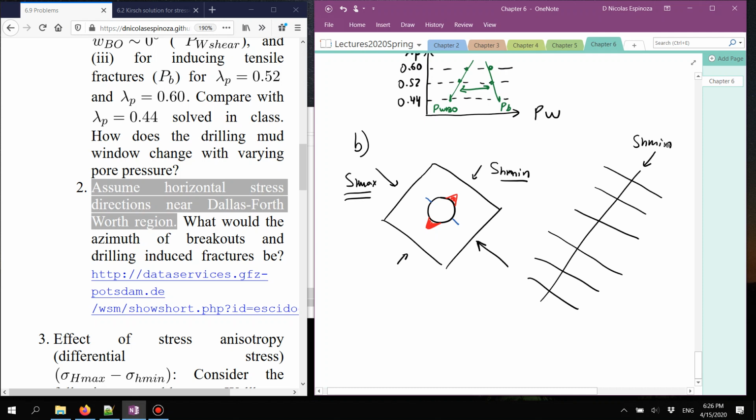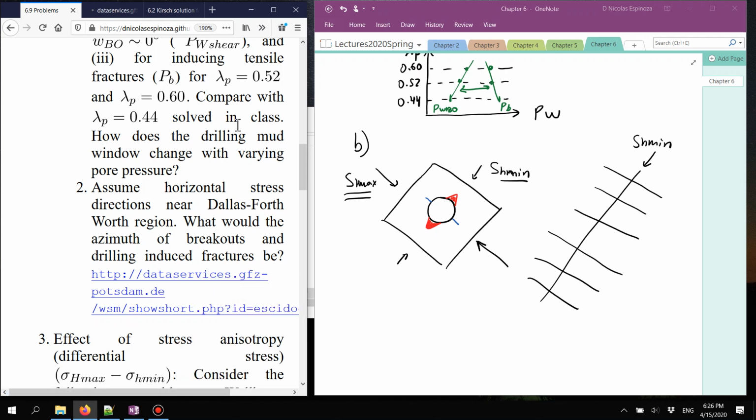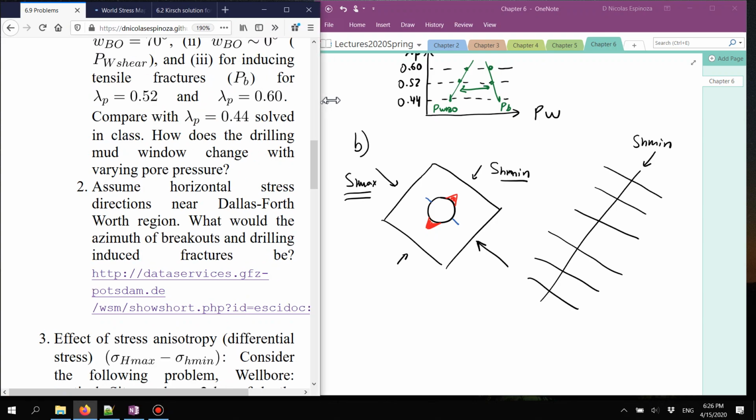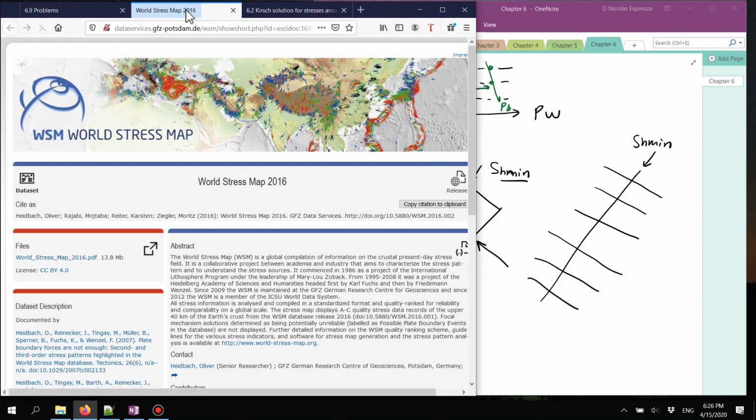Okay, so just let me check very quickly if this link is working. And where you should look in order to check this data. It looks like this. This will take you to the world stress map. And then if you click on this file, it's a little bit heavy, but it's not too large.